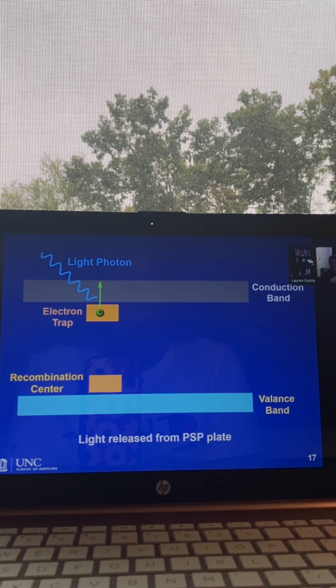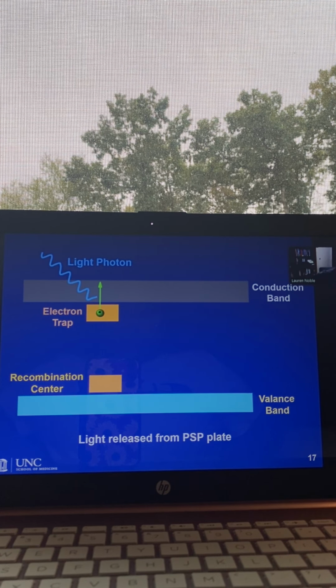So the electrons get excited, they come up out of the trap. Well, the thing is that electrons, they're in an excited state, but they will end up losing energy. And when they lose energy, they end up going back and recombining with the barium fluorohalide.